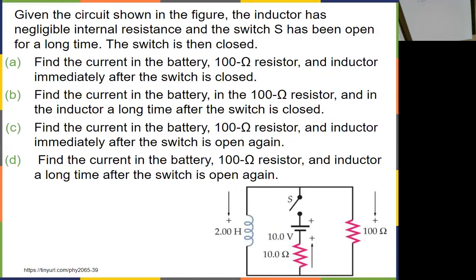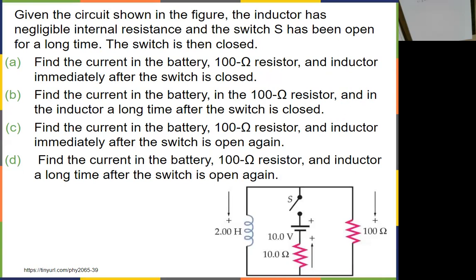Part B asks what the current would be through those three elements a long time after the switch is closed. In that sense, you can set your time equal to infinity. Part C asks you to find the current in the battery, the 100 ohm resistor and the inductor right after the switch is opened again.